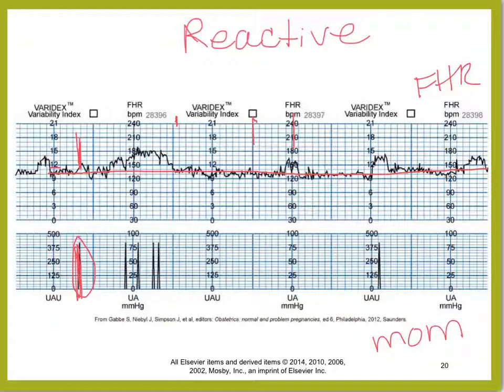The way we determine a reactive non-stress test is you have 2 accelerations in a 20-minute period.